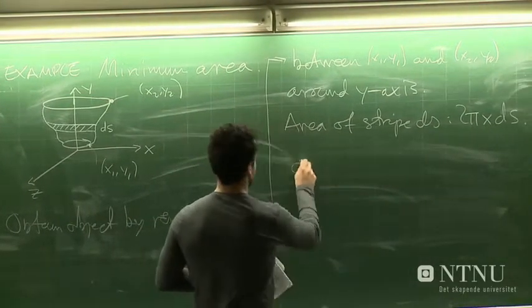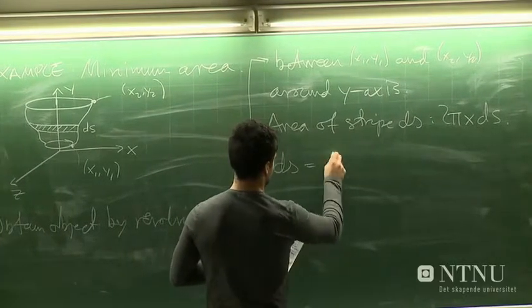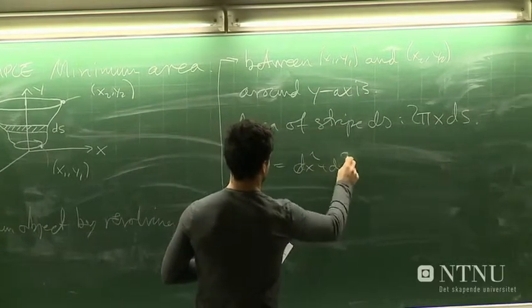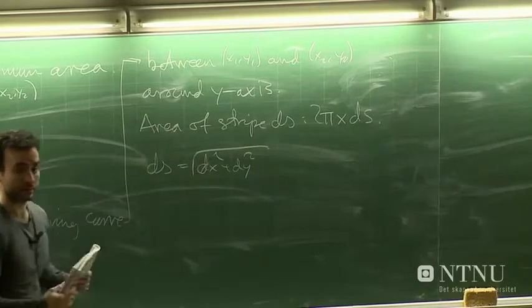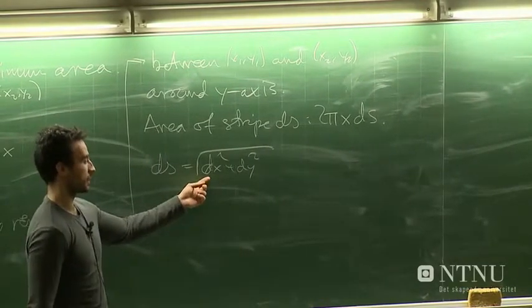Now, ds can be written like this, expressed in terms of the infinitesimal quantities dx and dy.